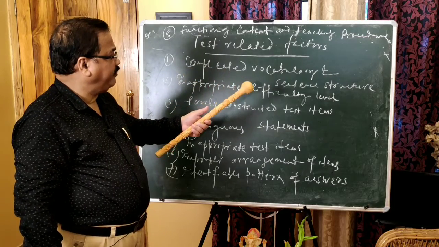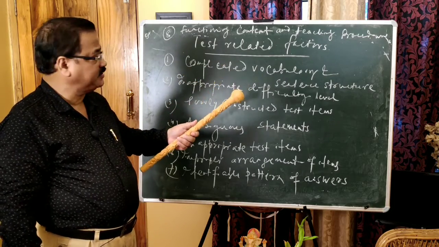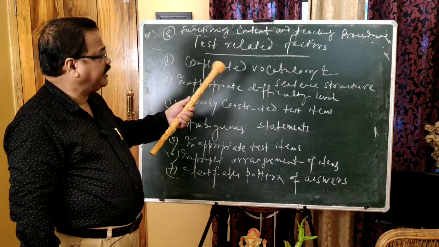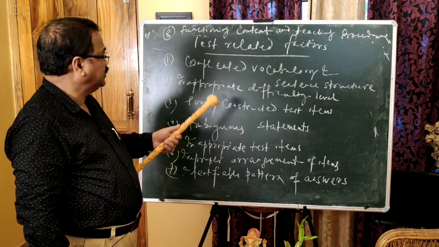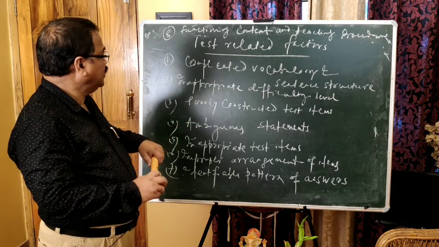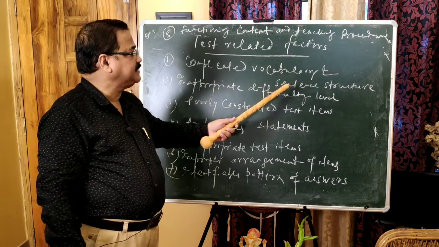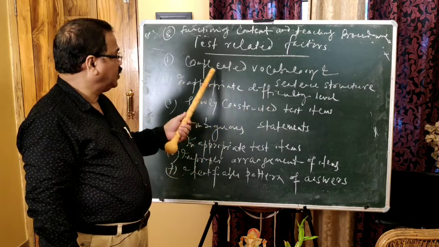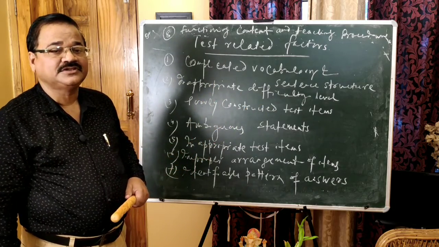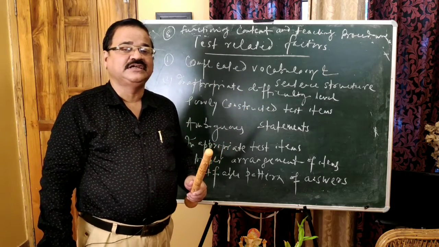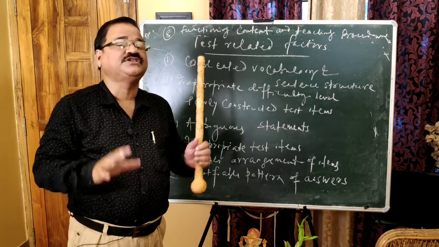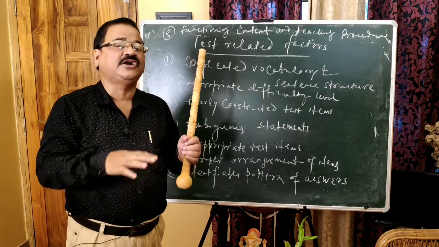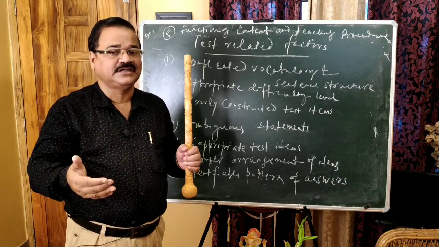When there are defects or problems with the items, it affects reliability as well as validity. What are the defects with the items? One is complicated vocabulary and sentence structure. Sometimes examiners use difficult language which is not common with the students.